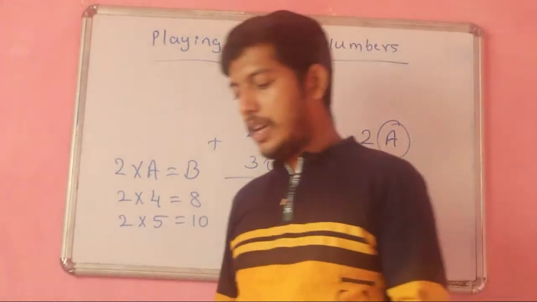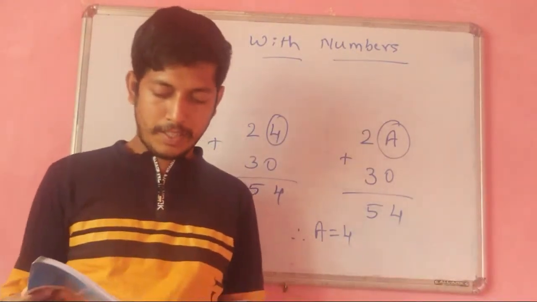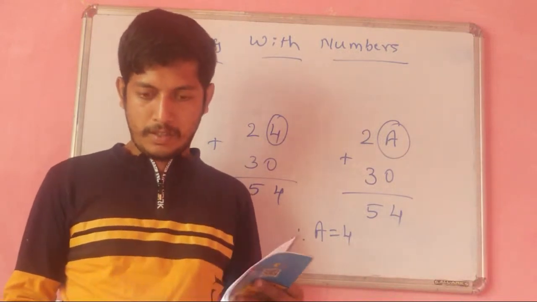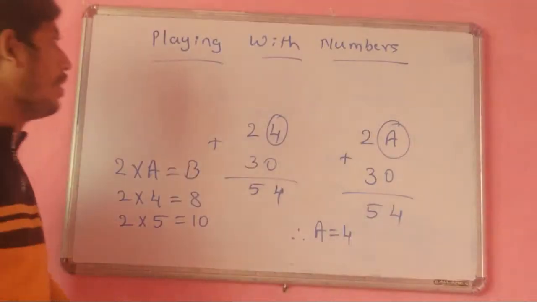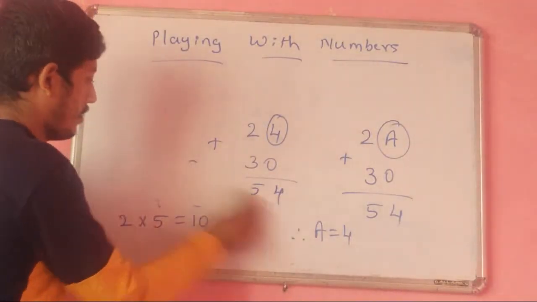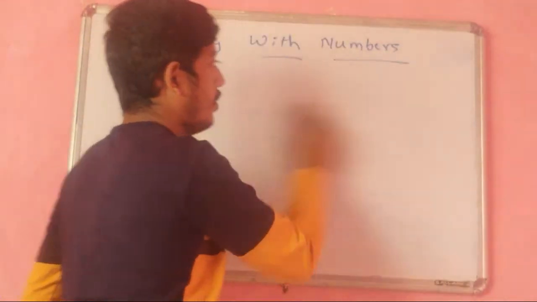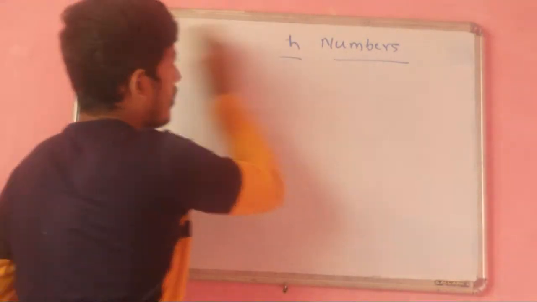First, I will directly go to the first exercise that is present on page number 7. So very simple exercise. You have to comment the answer fast. So take a rough notebook and open your textbook. Exercise 1.